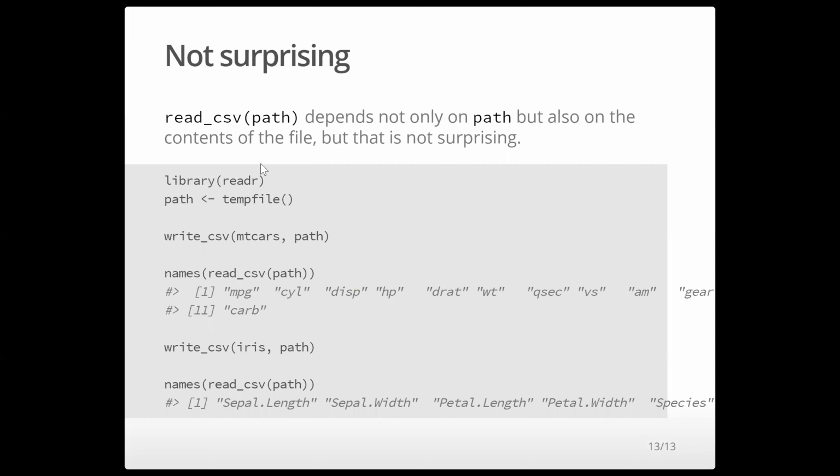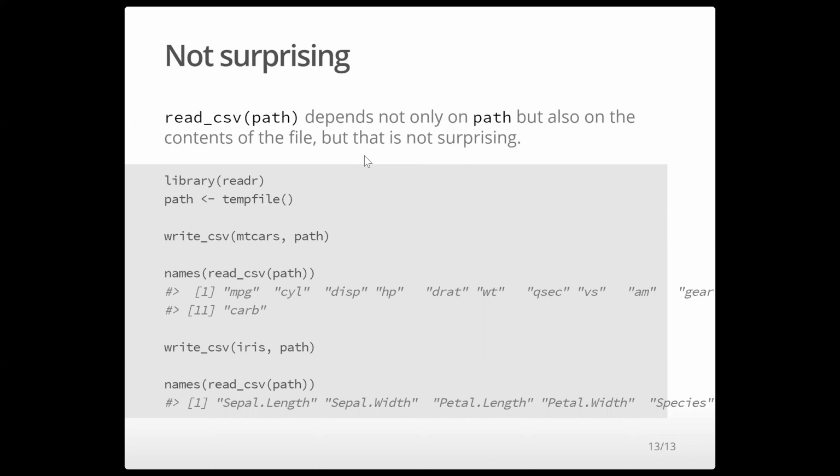And finally, and that's the last slide of this presentation, there are other functions that also depend on global state, but the result is not surprising. So there is no problem with that. For example, the function read_csv called with a particular path, of course, depends on the path, which is the input, but it depends also on the contents of the file to which this path is pointing.